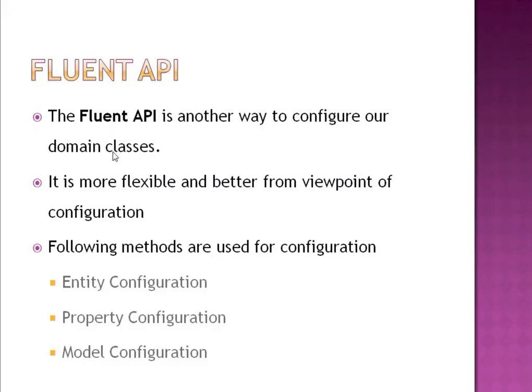Now, as I told you, Fluent API is another way to configure our domain classes, and it is much more flexible and better from the viewpoint of configuration. Now, what is the meaning of this statement? Basically, while studying data annotation, I told you that there are some limitations of default code first convention.